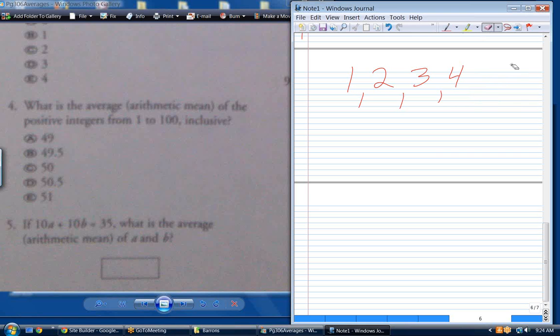Now let's talk about the average between an even number of numbers. We're going to add the 2 middle ones and divide by 2. So it's halfway between the 2 middle numbers. Well, 1 to 100, what are the 2 middle numbers? 50 and 51. Correct. So what's the answer? 50.5. All right.